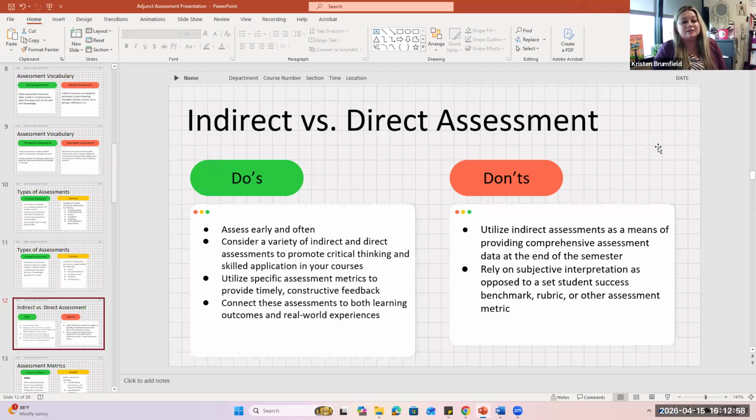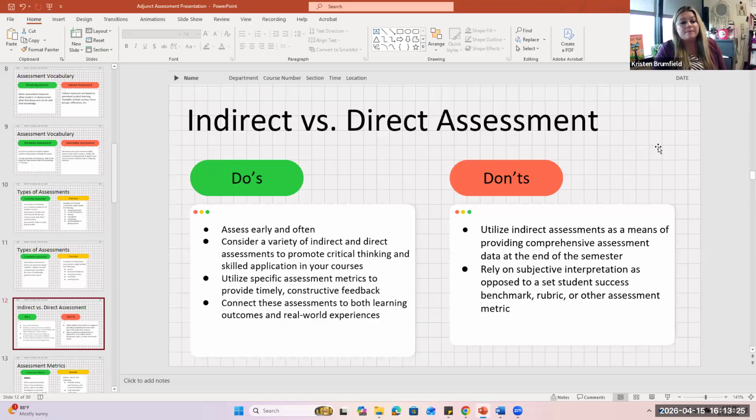Some do's would be assess early and often, and again, I would say ongoing, but also consider a variety of both indirect and direct assessment, because this promotes critical thinking and skilled application throughout your courses, and utilize specific assessment metrics to provide timely feedback and connect assessments to learning outcomes plus real-world experiences.